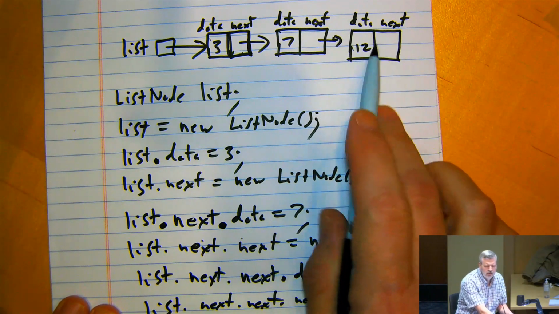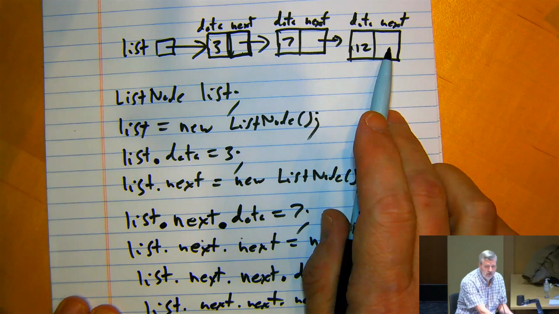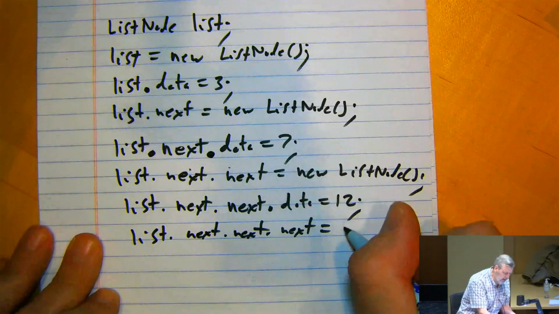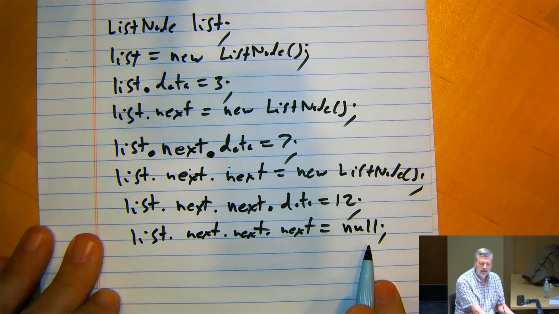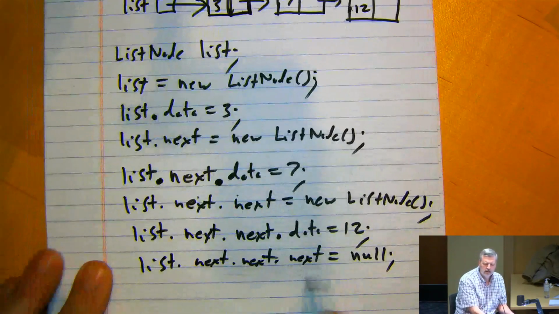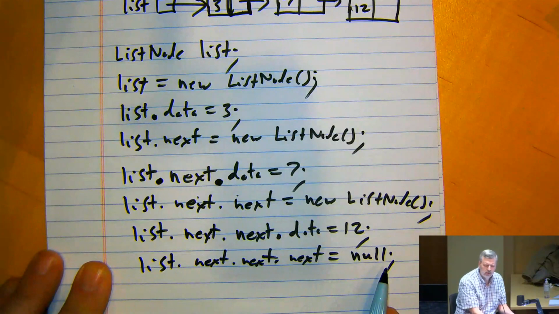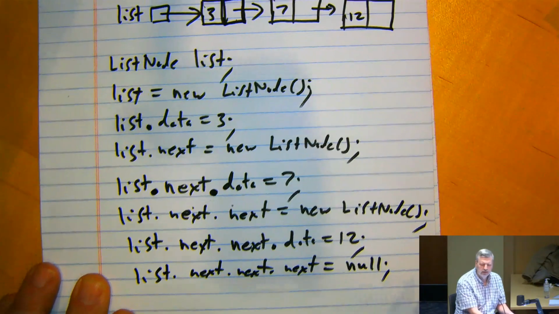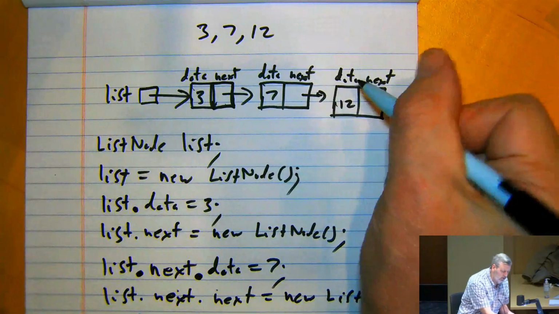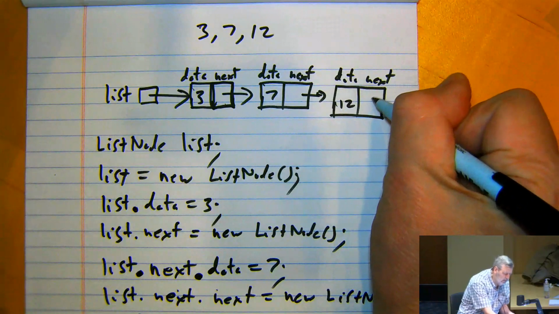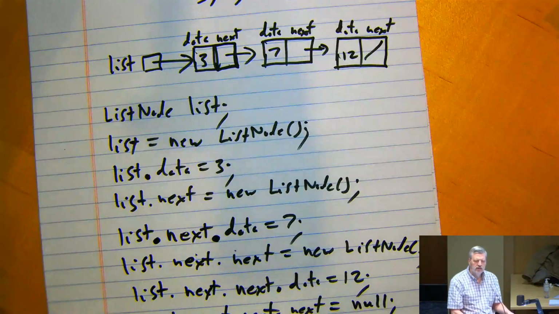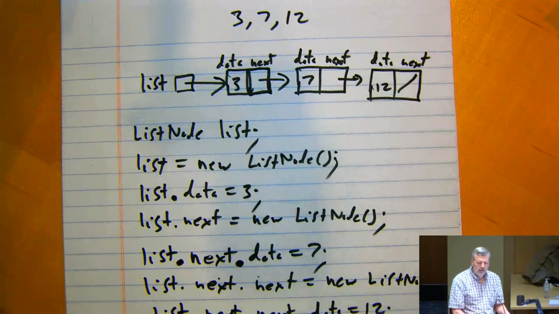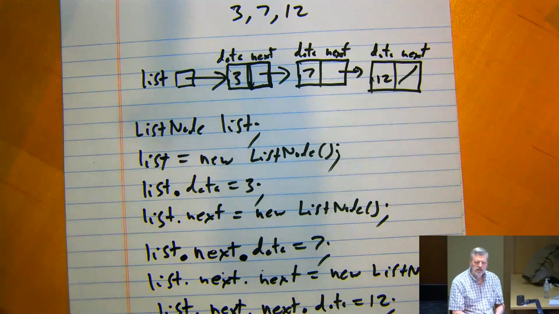So this was set to null automatically by the constructor, but it's not a bad idea to be specific that we want that to be set to null. It's not necessary because that's what the constructor will do, but it's not a bad idea to be explicit. And the way that we usually draw that in the linked list case is by putting a slash through that box. So that indicates that that has a null value. So that's how we build up this list that's got 3, 7, and 12 in it.